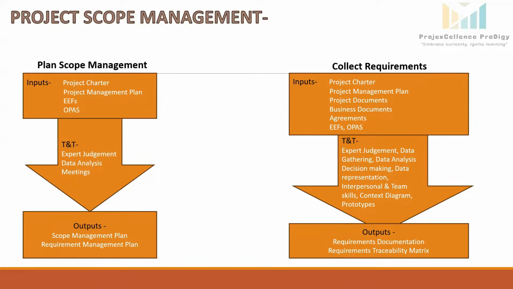Coming to the requirement traceability matrix, it is a tool which is used to track the requirements throughout the project lifecycle. It ensures that all requirements are met by linking each requirement to its corresponding deliverables, design, test cases, and other project elements. We are going to discuss it in detail in our next slide.